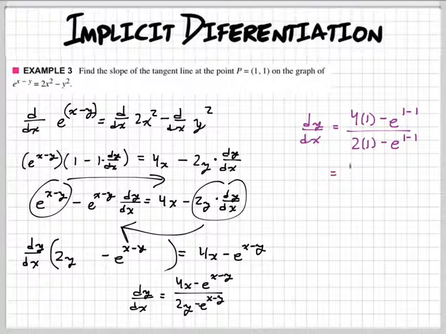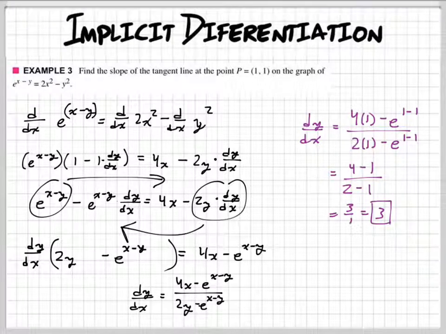What does this equal? Yes, 1, because the exponent is going to be 0, and anything raised to the 0 power is 1. So I have 4 minus 1 on top, and 2 minus 1 on the bottom. I get 3 over 1, which equals 3. That is your slope at that point.